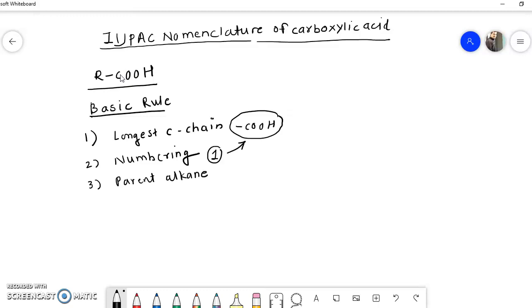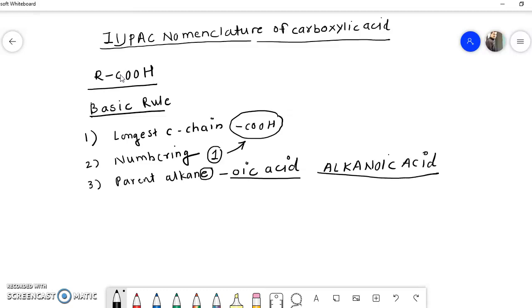And the most important rule is that we have to replace the E of the parent alkane by OIC acid. This is very important, remember. So in the IUPAC system, carboxylic acids are named as alkanoic acid. You remember this. This is very important. Alkanoic acid.